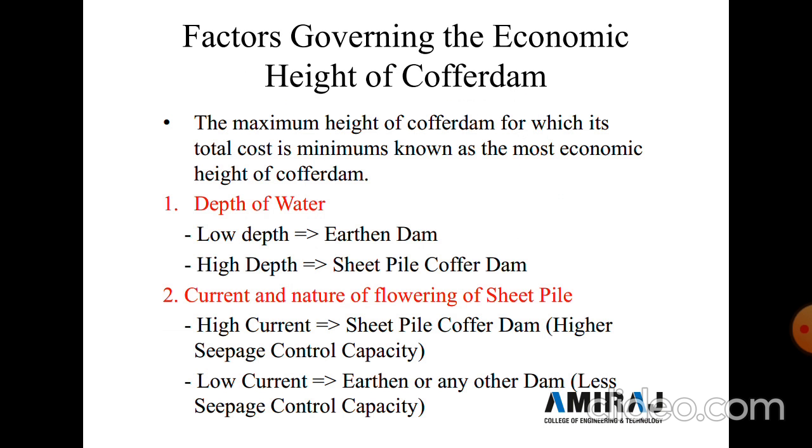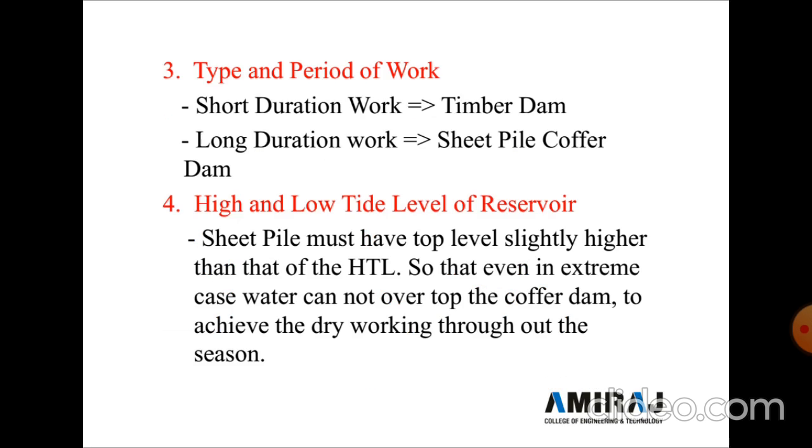Now second is the current and nature of the flooring of a sheet pile. For high current, a sheet pile cofferdam with higher seepage control capacity is used, and for low current, earthen or other dams with less seepage control capacity are used. Now third one is the type and period of work.